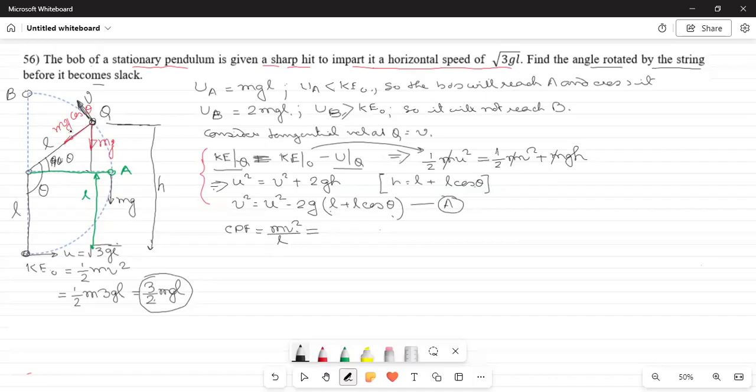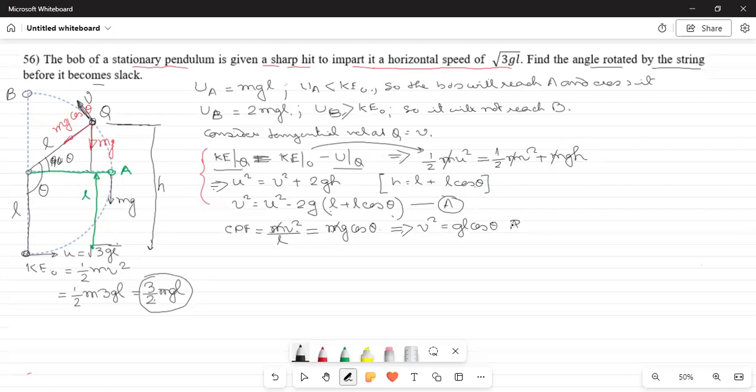This force is provided by mg cos theta. So here also m gets cancelled. So from there we get v square equal to gl cos theta.